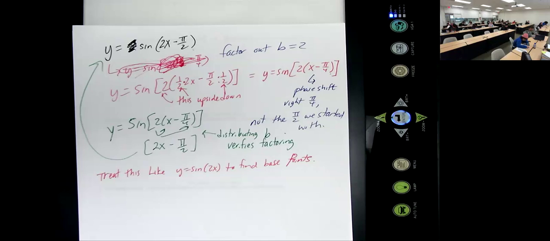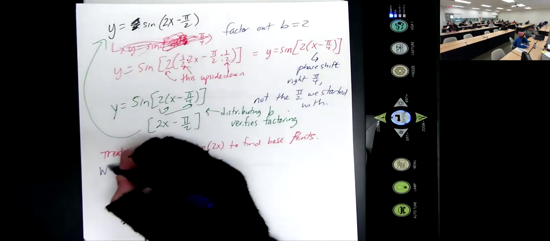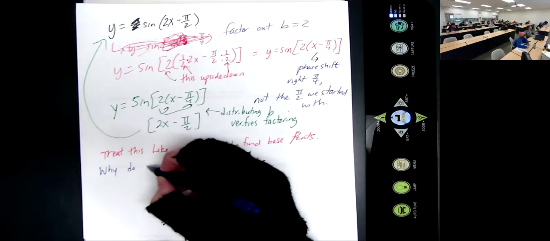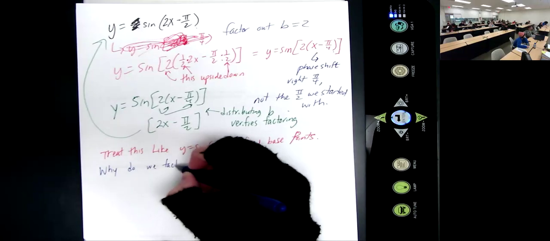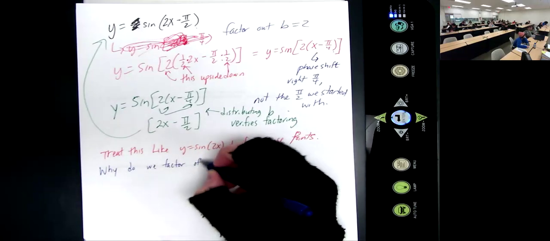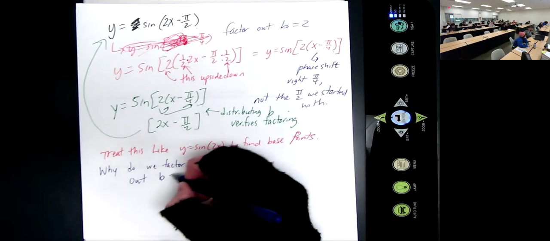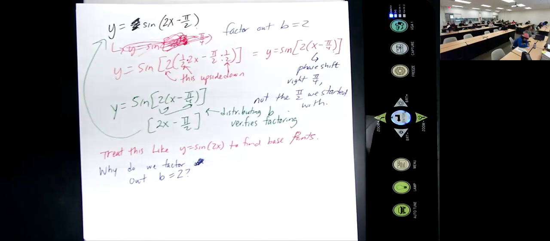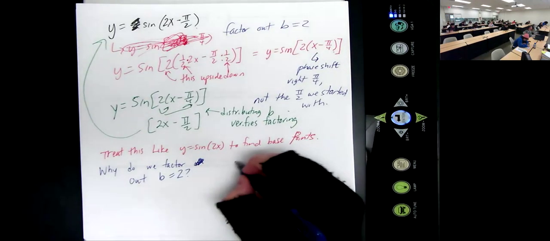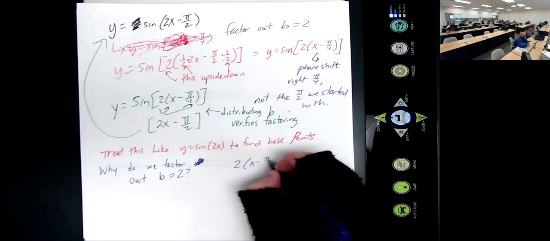Before I go into do it, why do we factor out the 2? Notice I have 2 times x minus pi over 4.